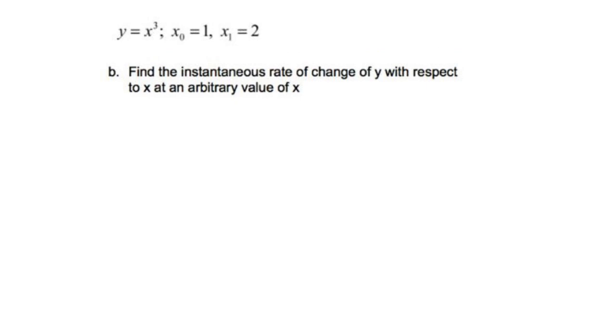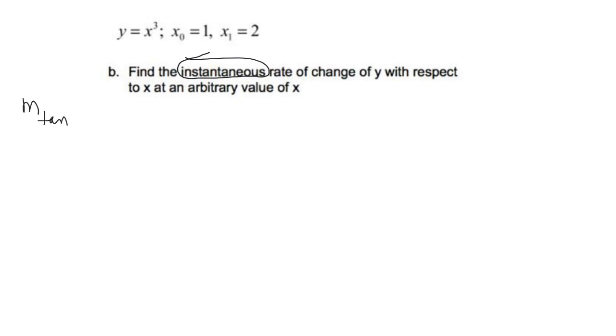It says find the instantaneous rate of change of y with respect to x at an arbitrary value of x. Whenever you see arbitrary, you know that we're just using x. There's not going to be any numbers in our answer. And whenever I see instantaneous, I know I'm looking at the derivative, or not the secant line, the tangent line, the slope of the tangent line.